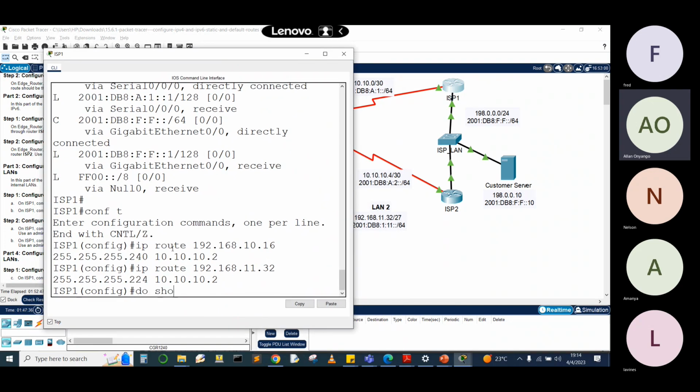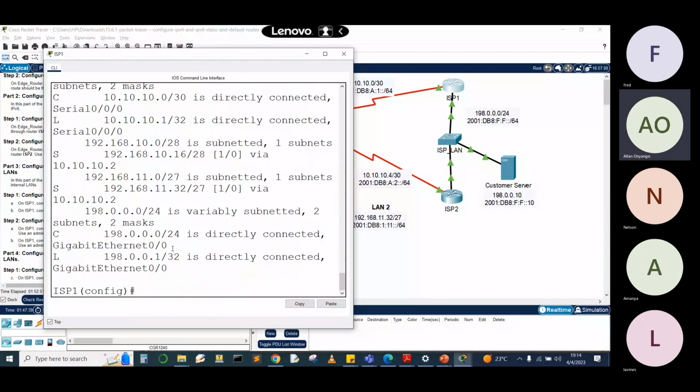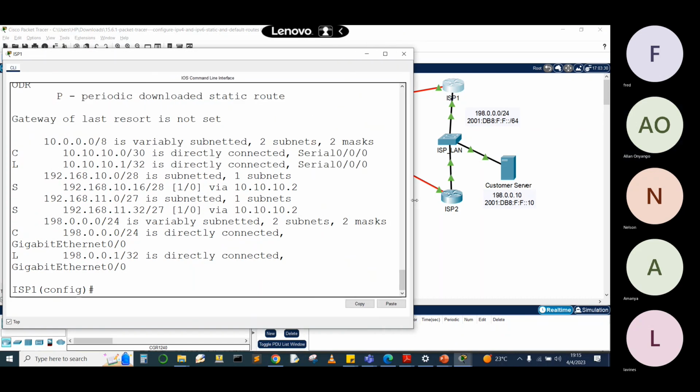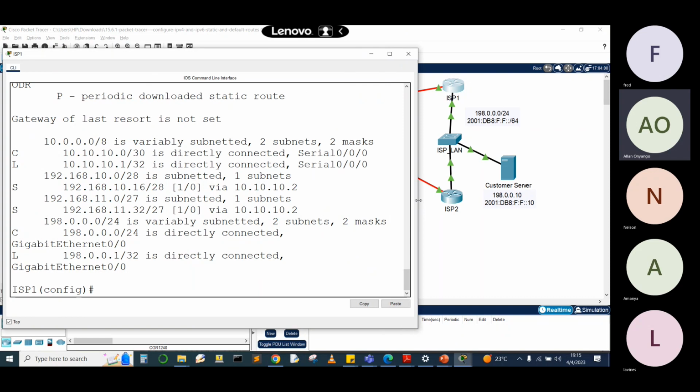We just say do show IP route to view the routing table, and I want to see everything here. We know that this interface of ISP1 contains network 198.0.0.0. So what I'm going to need is which interface is on this network.